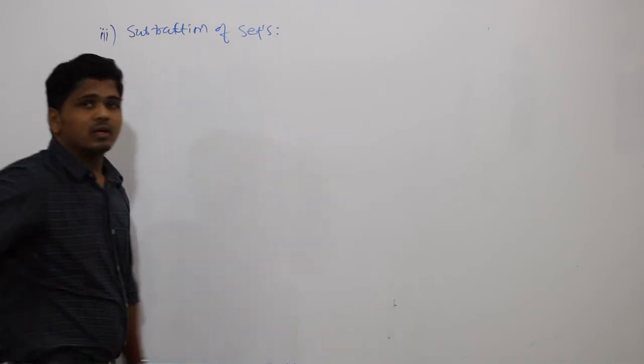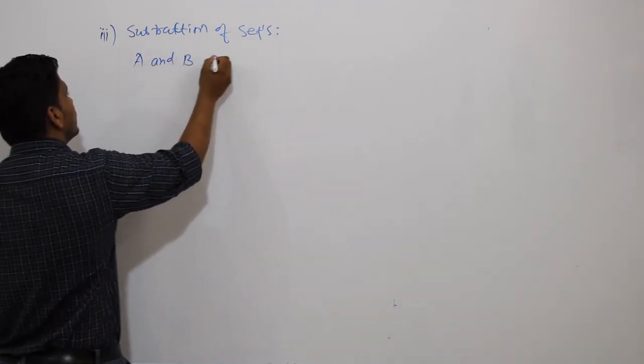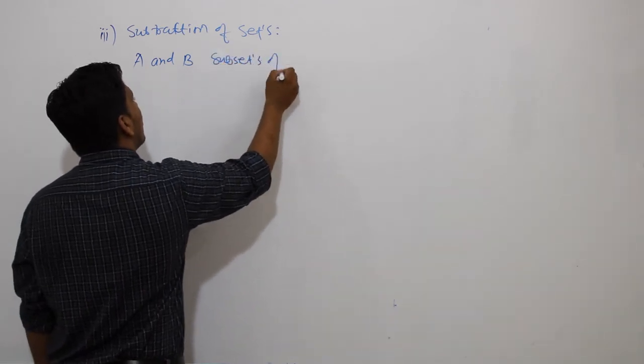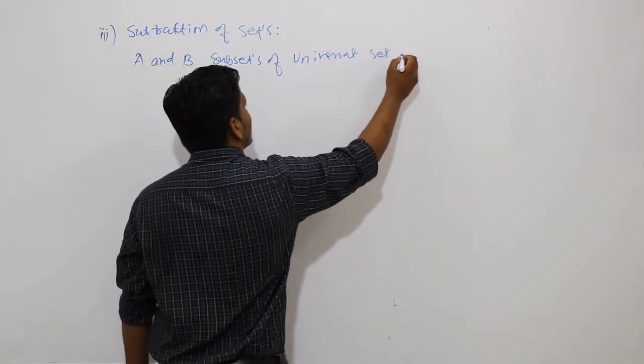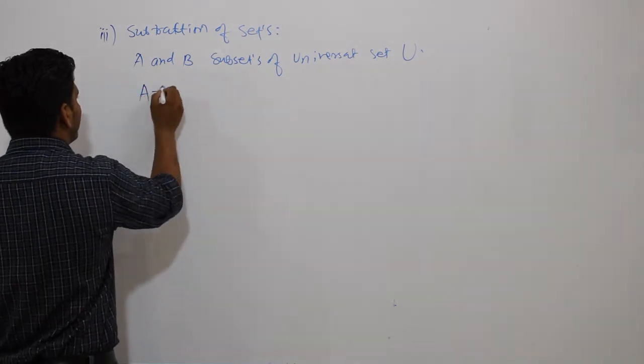Suppose you have some sets A and B, subsets of universal set U. Now you want to calculate A minus B.